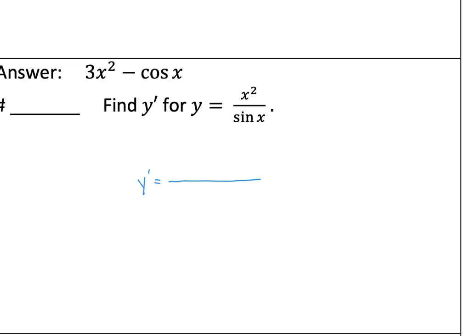Always start off by taking the derivative of the top, and then times that by the bottom, and then minus the top, and then times the derivative of the bottom, and then all over the bottom squared.